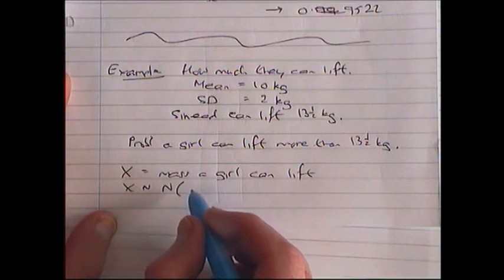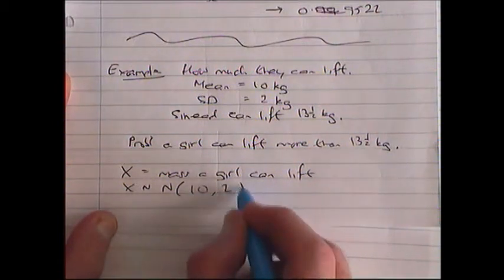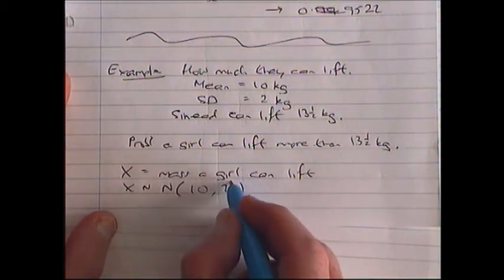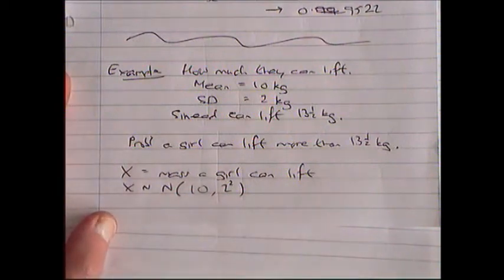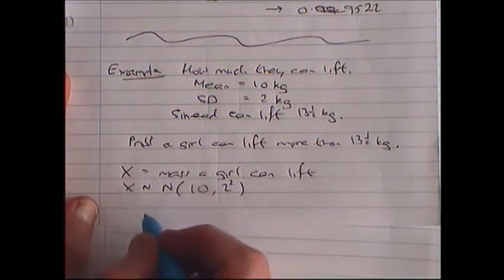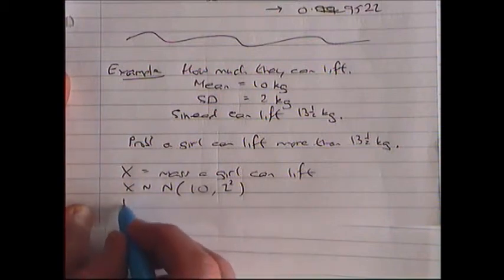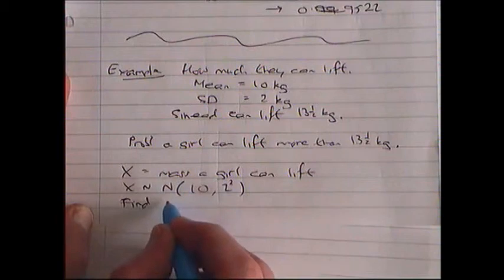Which are 10 and 2. And the mistake Billy's made? No. Square. Yes, remember that is sigma squared, even though we don't use it. Okay. So we have that. What are we trying to do? What's our question in this notation? What is our question?